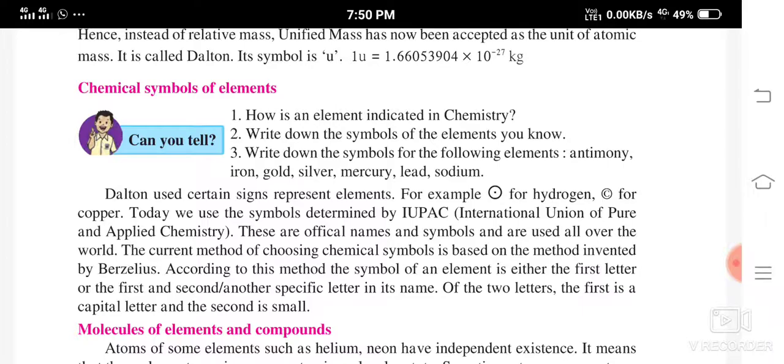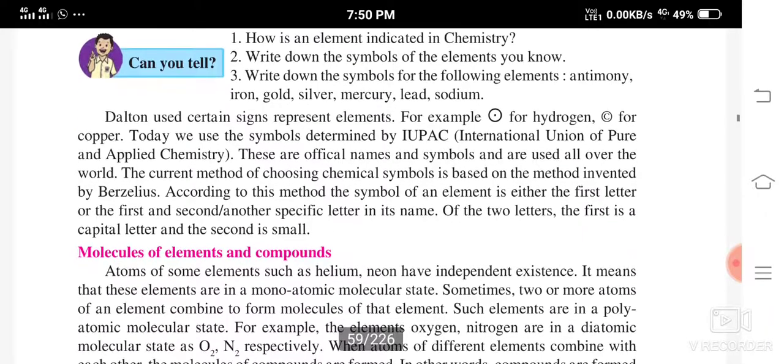Antimony is Sb, iron it is Fe, gold Au, silver Ag, mercury Hg, lead Pb, sodium is Na, isn't it? So this also you'll find in the periodic table. Now this is very important, you should know the symbols which are denoting the elements.